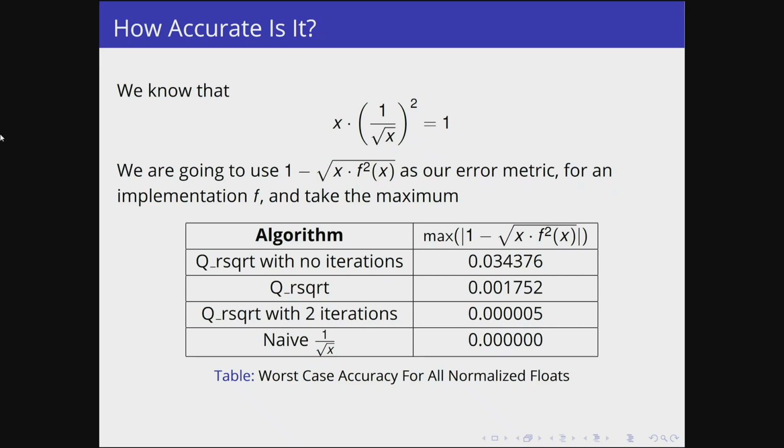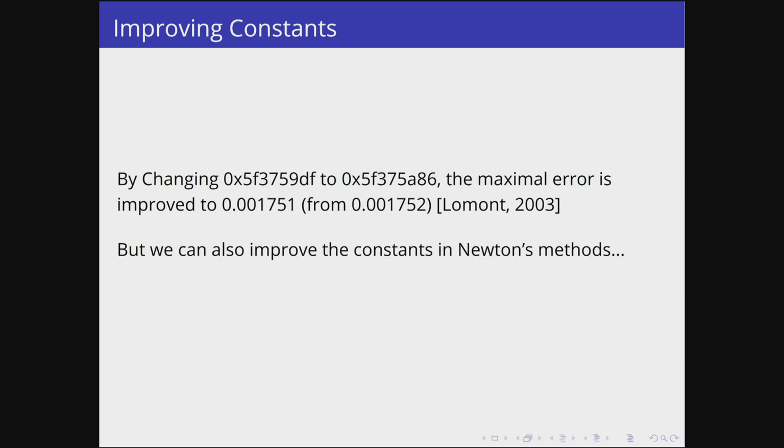So yeah, I can understand why the developers of Quake thought that less than 2 promille of an error is a very good approximation and a very good error that we can handle if we play computer games, especially back then. Okay. We can also improve the constants a bit. So if we change our magic number by a bit, the maximal error goes down by very little.